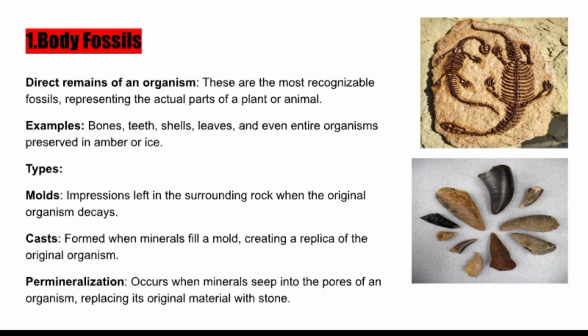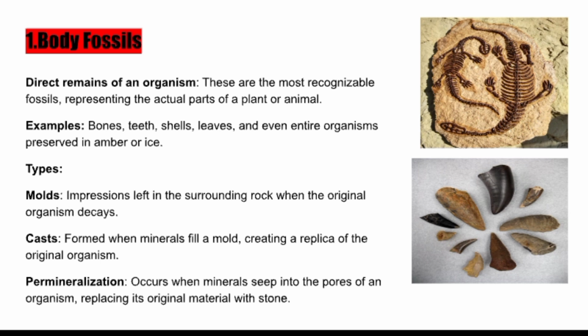So second is the cast. So what is the meaning of cast? A cast is formed when minerals fill a mold, creating a replica of the organism. So consider that if an organism dies, its dead body undergoes the process of decomposition.